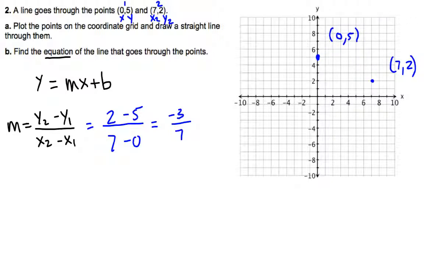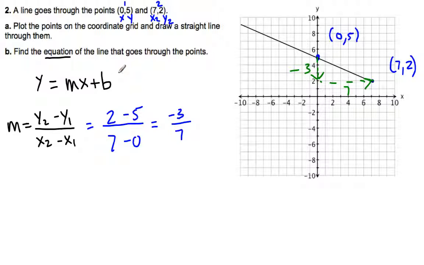You can see that when we connect up these points, our line is going to look something like this. We can confirm that we got the right slope by seeing that we go down 3 and right 7. So that looks good. Now for the y-intercept.